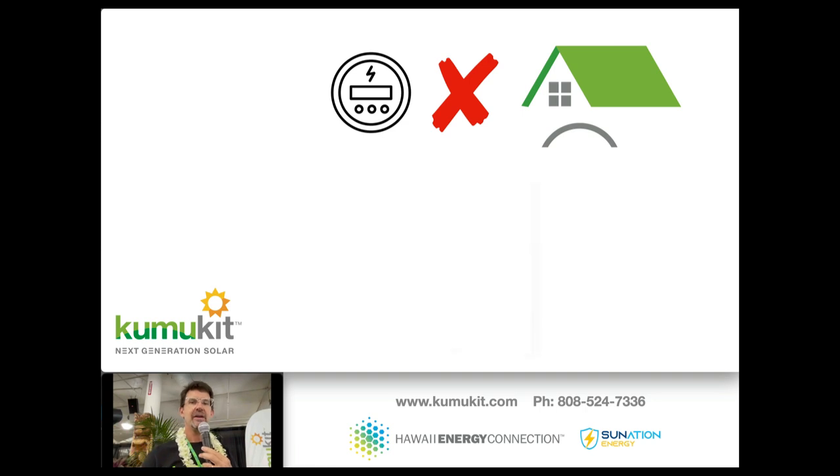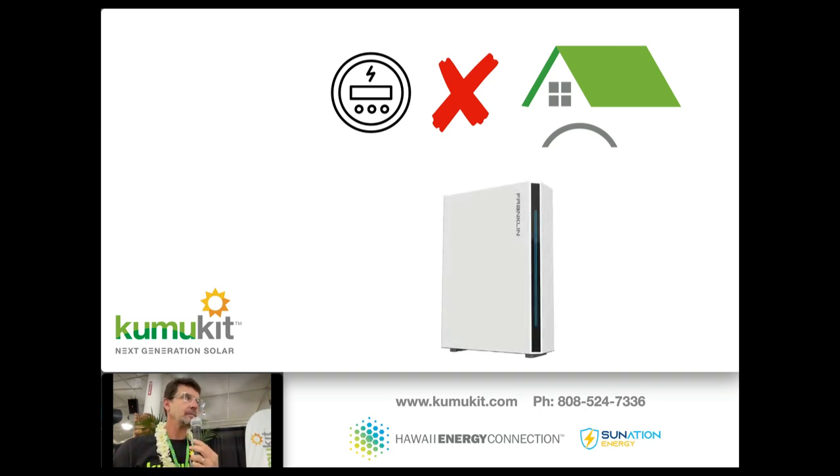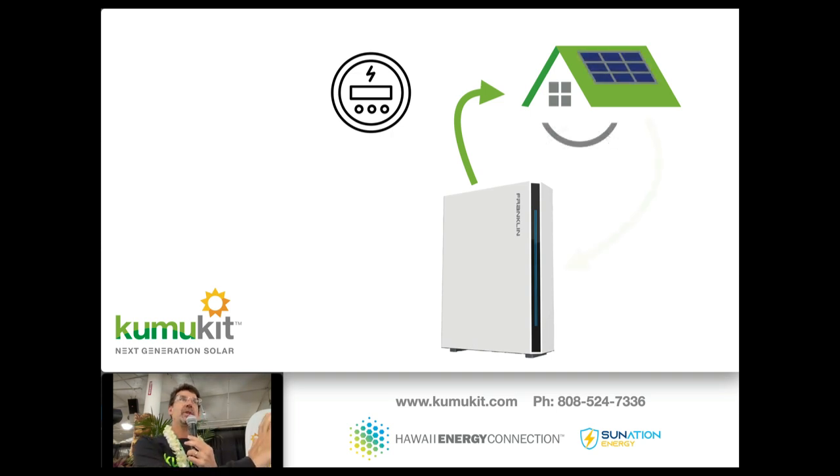But if you had a battery backup system, that battery will then, called microgridding or islanding itself, disconnect you from the grid temporarily, and it will trick the solar panels into thinking the grid's back up, and it will turn them on, and now you've created a little microgrid, and now you can back up portions of your home. So that is the emergency backup portion.